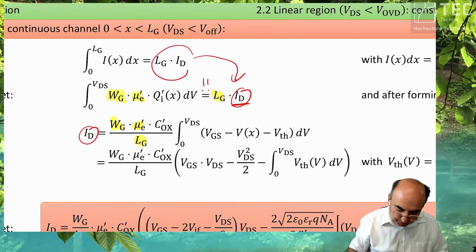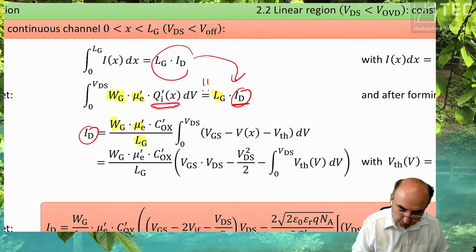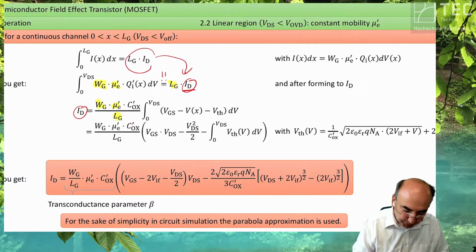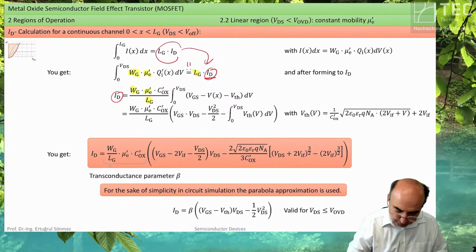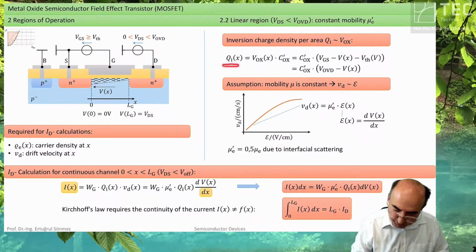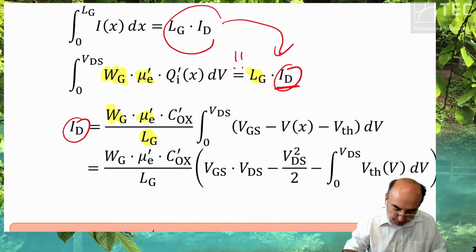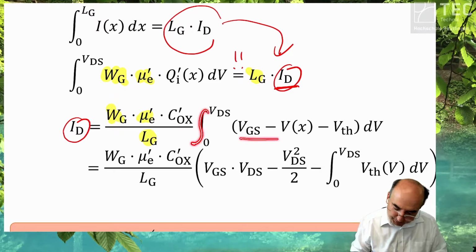So the rest is this one. And if we put in the QX equation, we put it in here, we get this. Okay, let's concentrate on the integration of this equation.